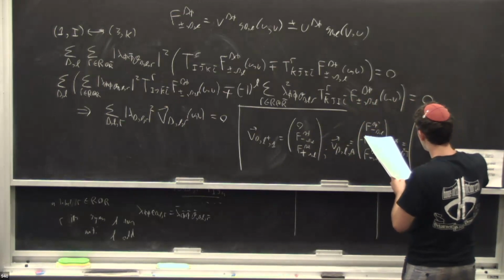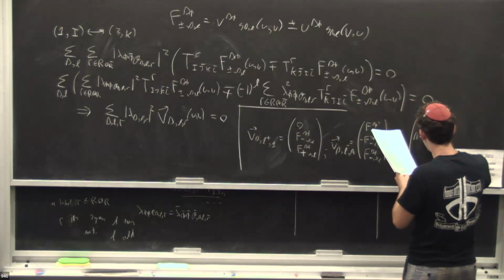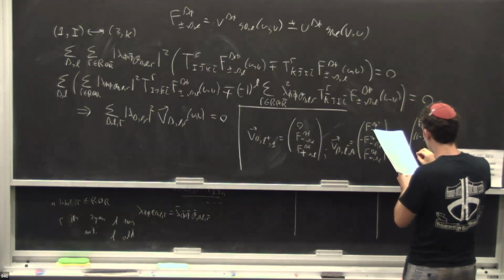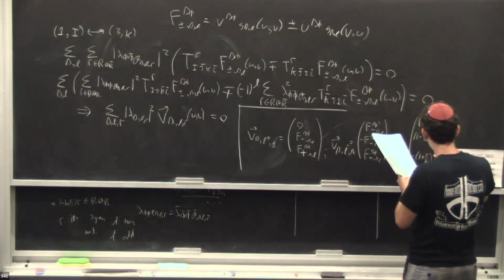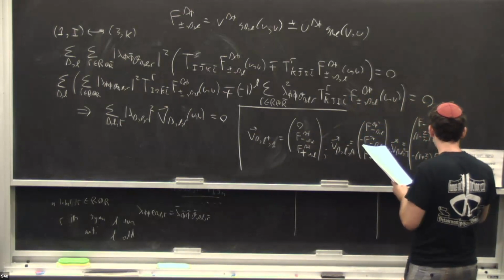So we get F minus up here, and then we get 1 minus 2 over n F minus, and minus 1 plus 2 over n F plus. I won't write the rest of the labels for simplicity.